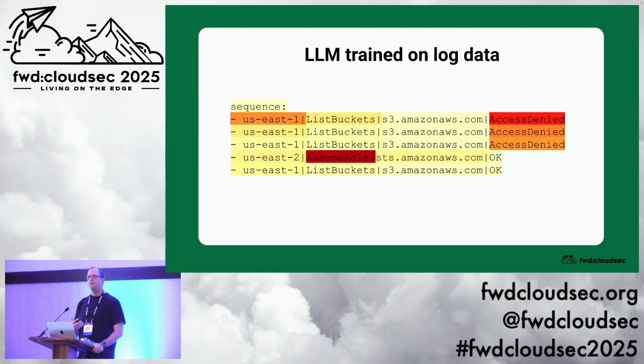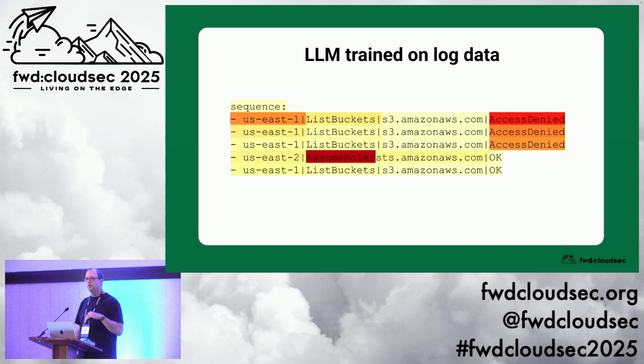So now we get a nice heat map that gives us a lot of information on what's going on in my logs. What we see here is that, for example, our LLM thinks that list buckets coming from US East 1 is fine, it makes sense, but the LLM is sort of surprised that access denied was returned for this list bucket.